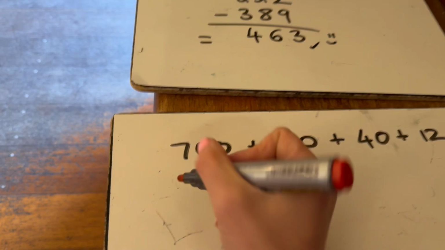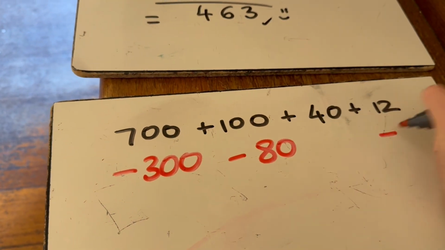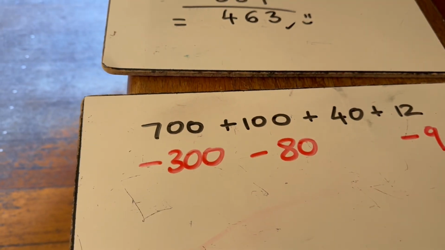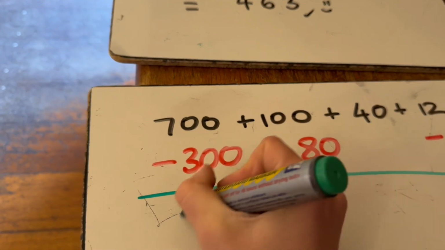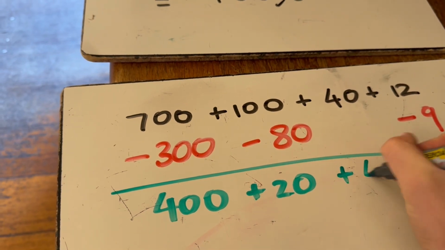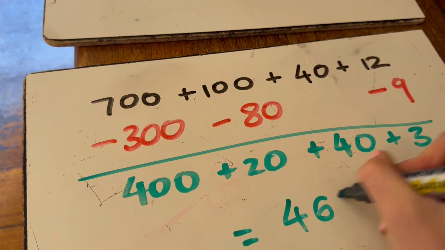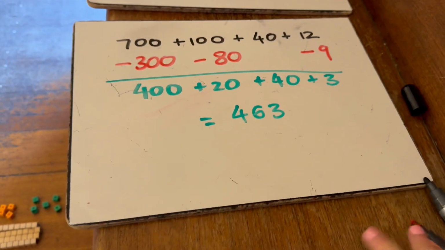Then you can just take away the 300 from here, the 80 from here, and the 9 from here. And that then makes you 400 and 20 and 40 and 3, which becomes 463. It's just so many strategies.